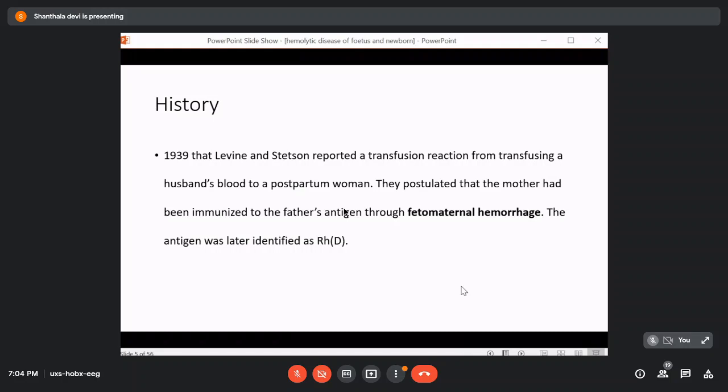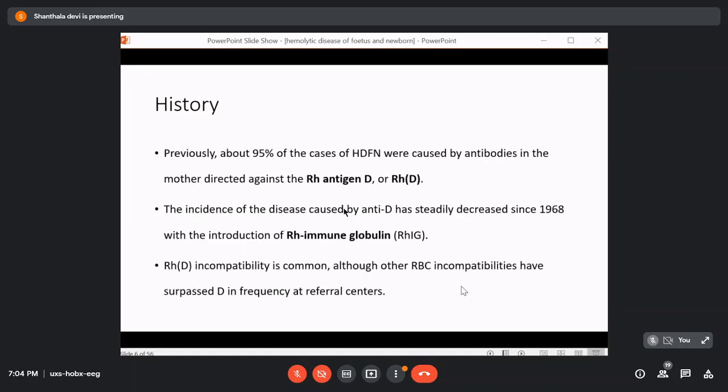This antigen was later identified to be the Rh antigen, the most immunogenic one being the D antigen. Previously, 95% of hemolytic disease of the newborn was caused by the Rh D antigen, when an Rh negative mother was carrying an Rh positive fetus.